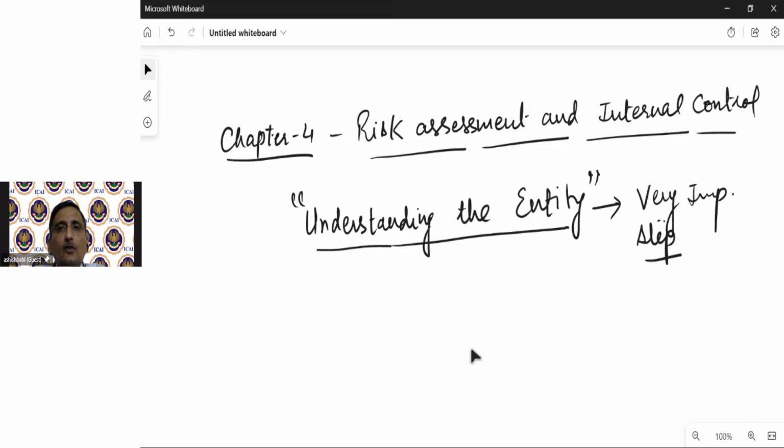So why does an auditor need to understand a company and why is it important? We will read it technically in the language of auditing from your module. Okay guys.